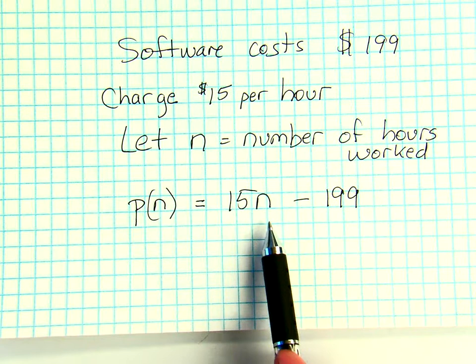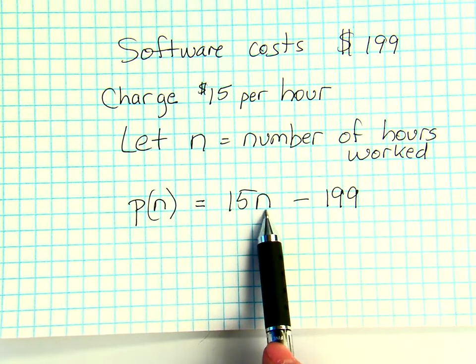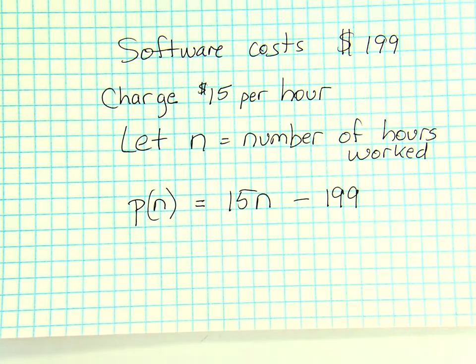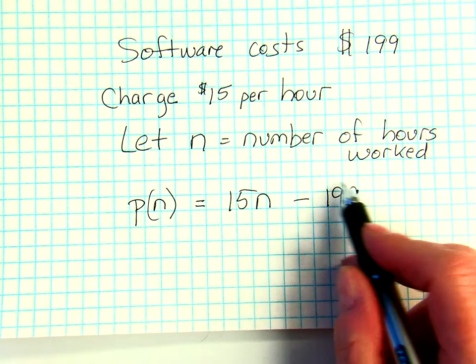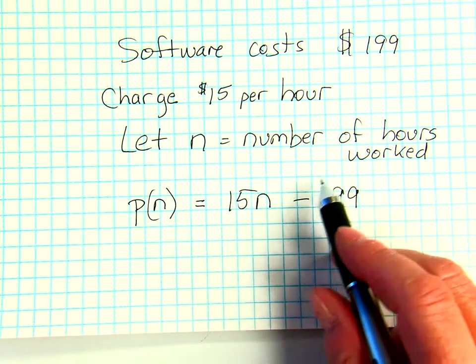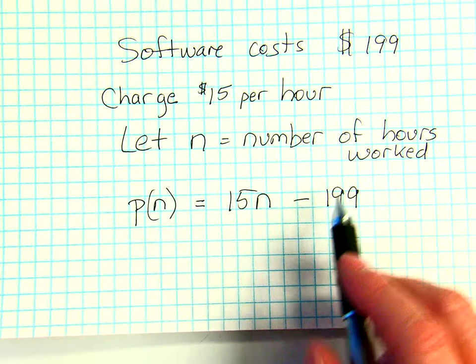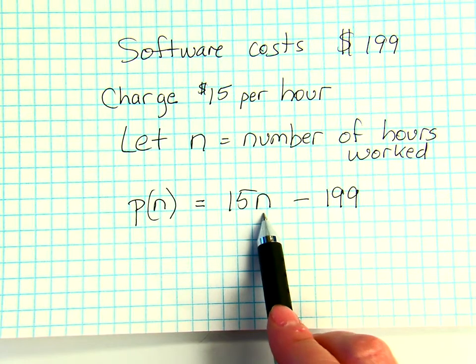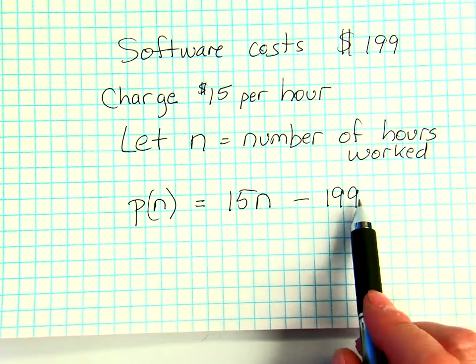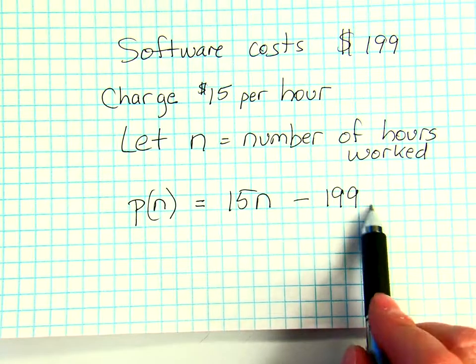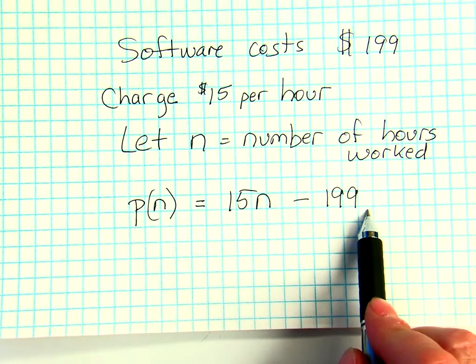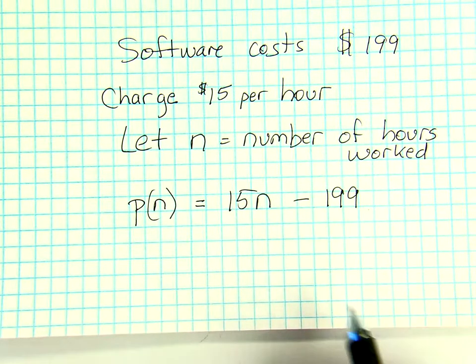So hopefully you understand what's going on here. At $15 per hour, yes, that's money that's coming into us, but this is money that has already come out, okay? So it's going to take a certain number of hours here to cover the money we've already spent.